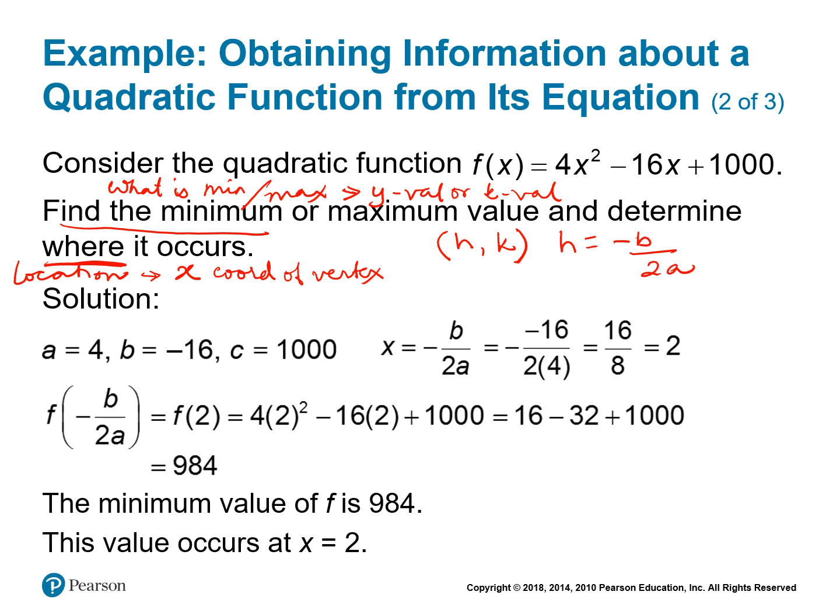So let's see what the a, b, and c values are of this function. So a, as we see, is 4. All right. B equals negative 16. All right, now that is very important. I'm going to again write the form.